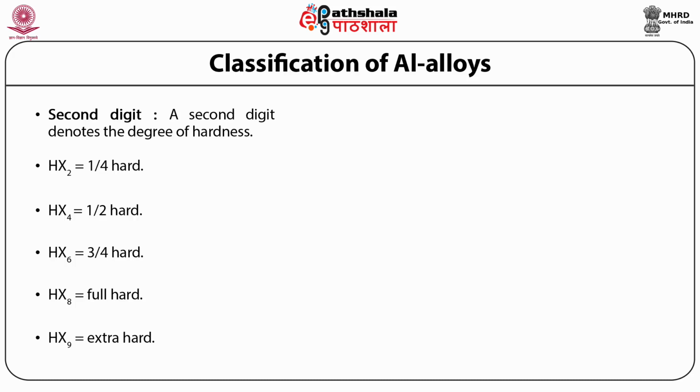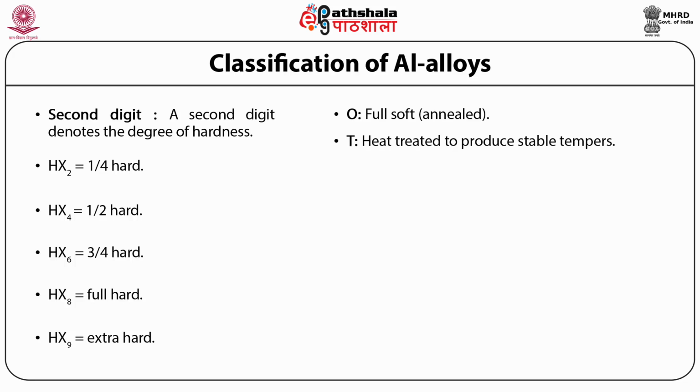Now there are some other definitions also. O corresponds to fully soft annealed. T is heat treated to produce stable tempers.